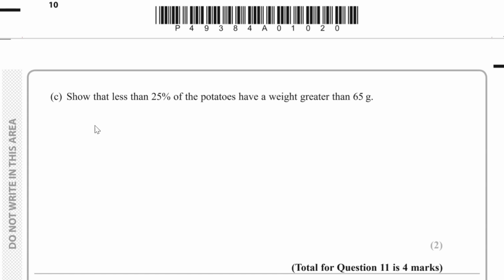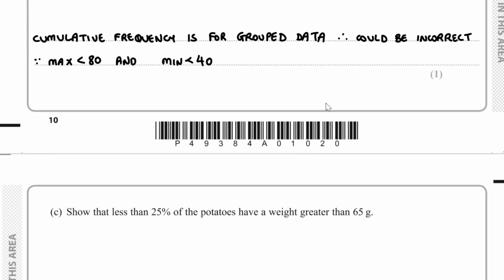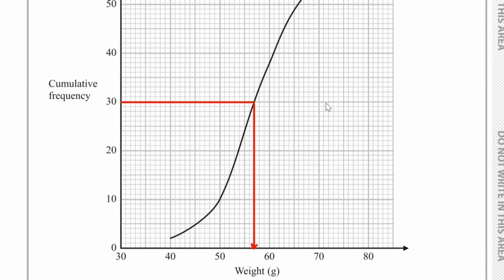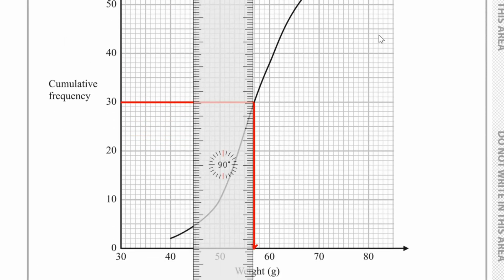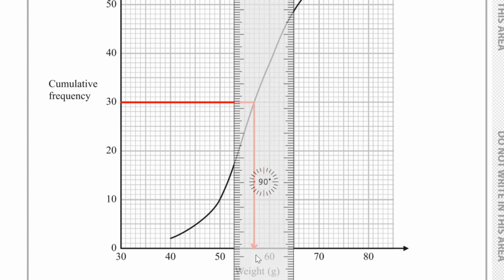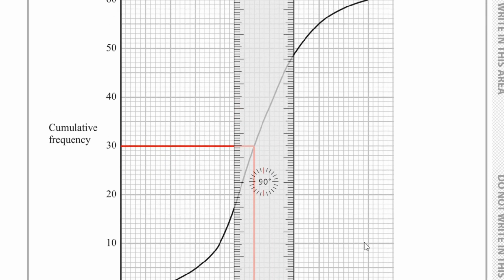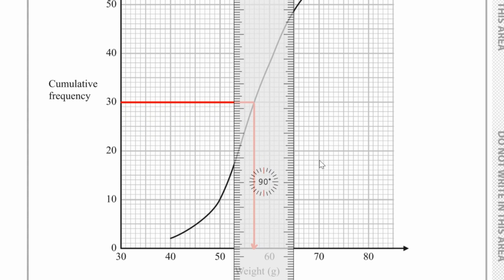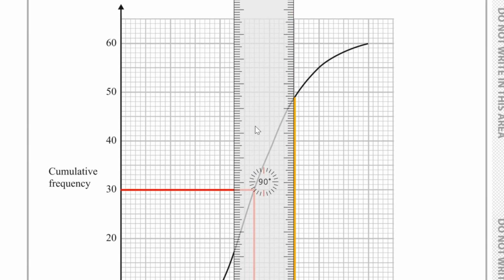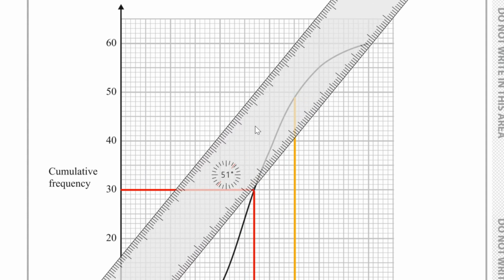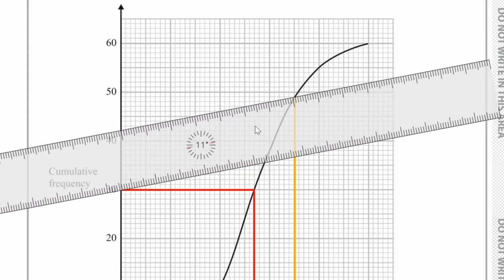So now for part C, we have to show that less than 25% of the potatoes have a weight greater than 65. So if we go back to the cumulative frequency diagram, 65 is over here. Okay, so if we draw a horizontal line up, here is our 65, and if we find out the corresponding cumulative frequency, so let's just do that.